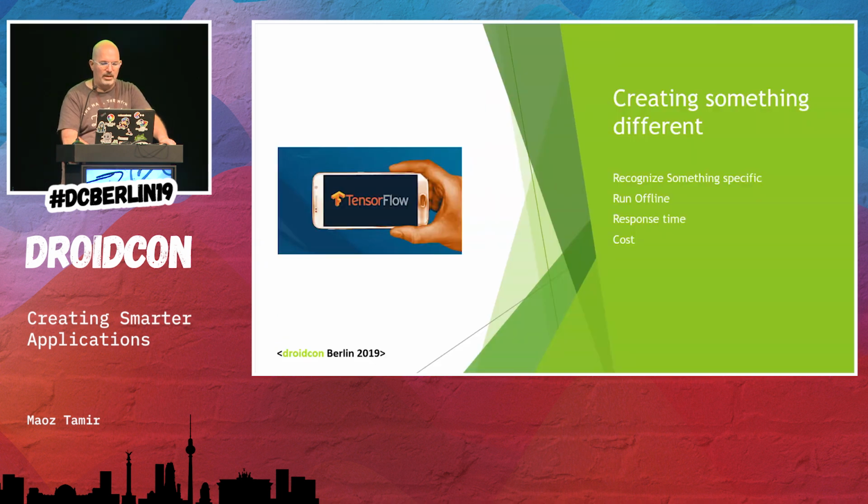Okay, now, I wanted to create something a bit more specific and recognize something that wasn't labeled yet. I wanted to make it run offline, so I wouldn't need to connect to any web server or cloud.